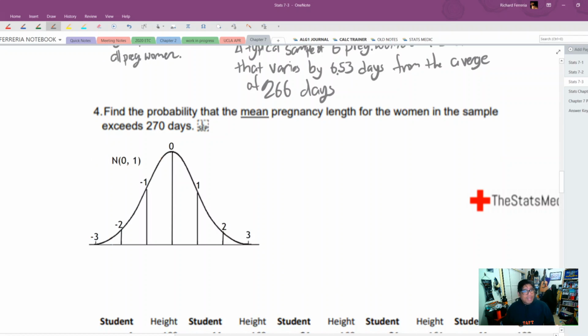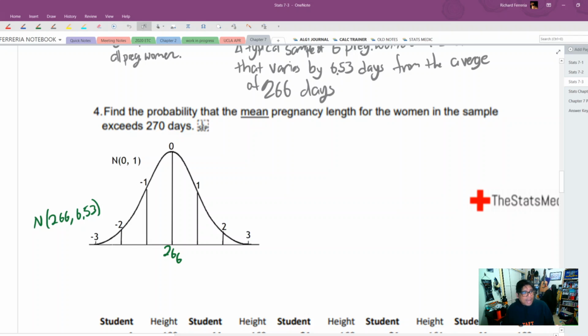Here's our normal curve again. We're going to mark this with a normal distribution with a mean of 266 and a standard deviation of 6.53. And then we're going to keep marking down until we get to 270. So 266 is right here. That's the mean.